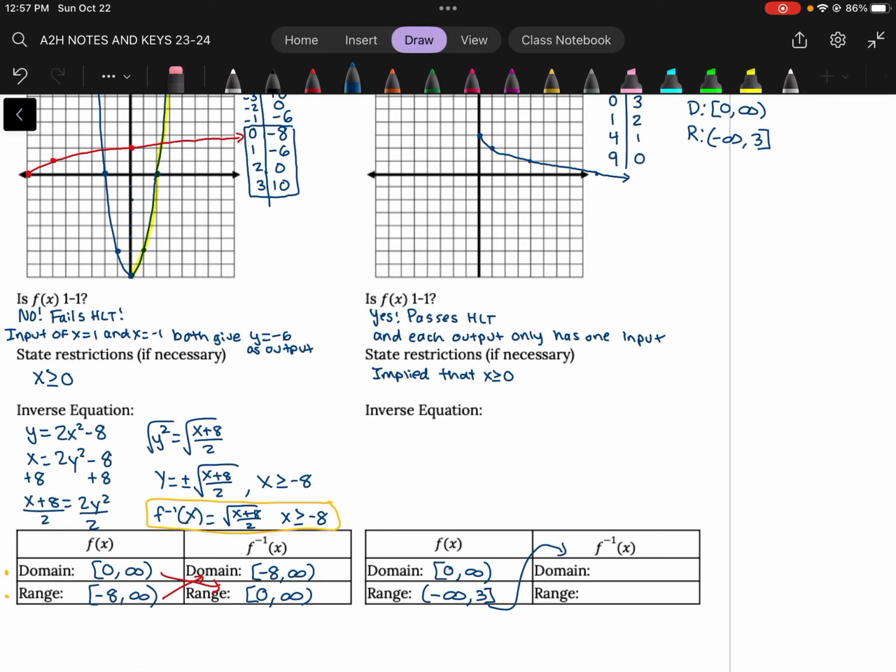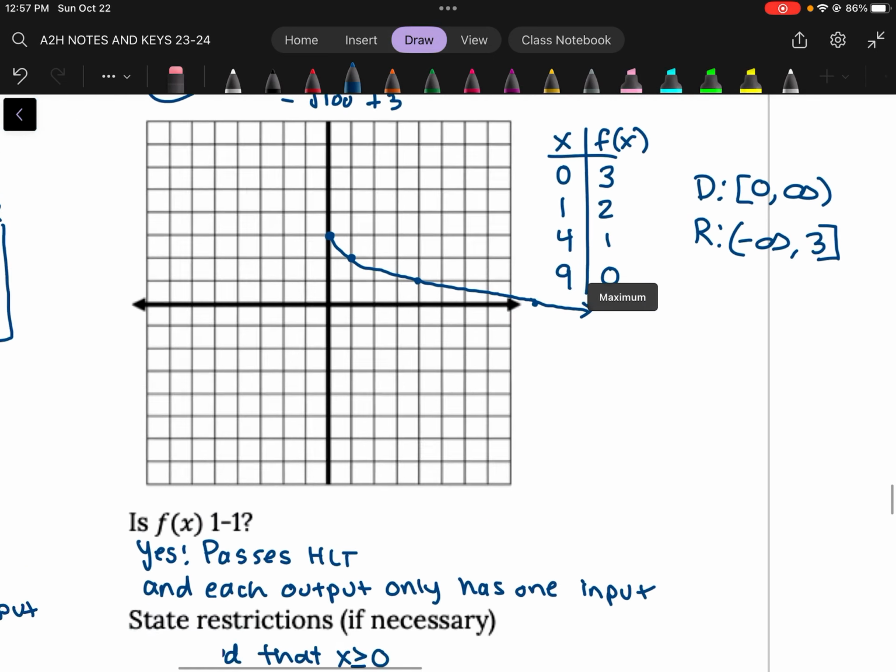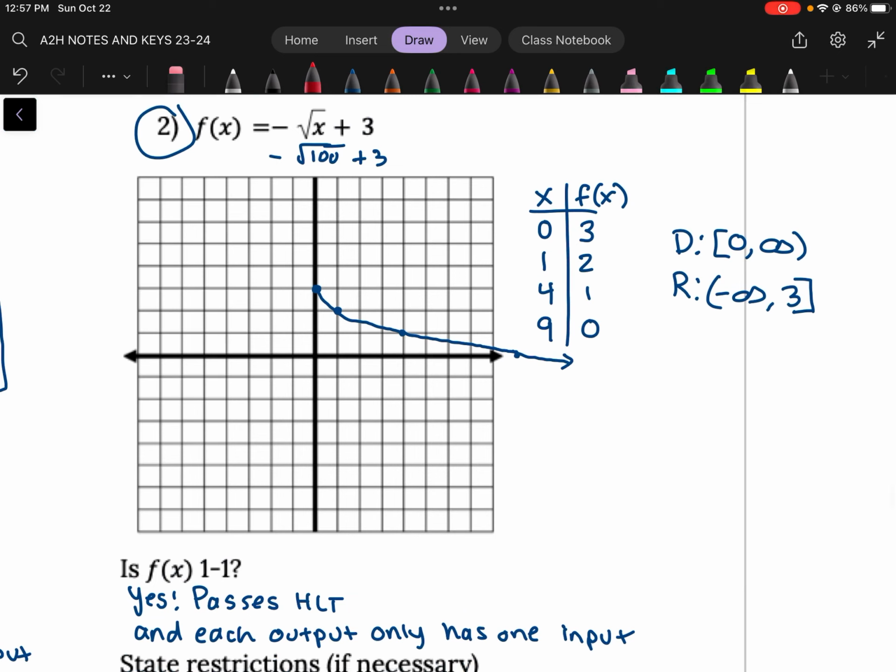This is actually really helpful to me because it allows me to fill this in automatically. If I'm going to be making an inverse that is a function, it better have these rules, right? It better have a domain of negative infinity to 3 and a range of 0 to infinity. It almost builds any restrictions that I will need for the inverse equation, all right?